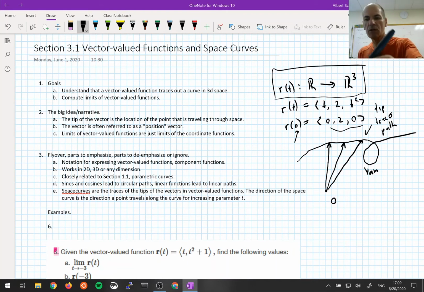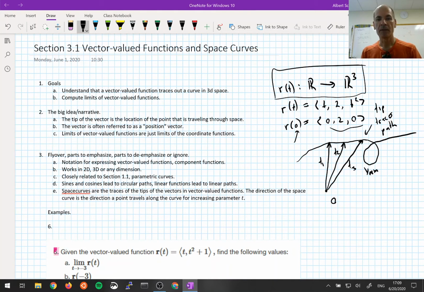So I plug in t1 and maybe I get this position, t2, t3. Different times give me different positions. In fact, this is called a position vector in much of this chapter, and the prevailing metaphor is something traveling through three-dimensional space as a function of time. Where is it at t equals 1 second? Where is it at t equals 20 seconds?